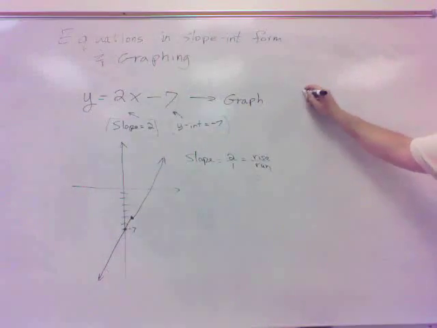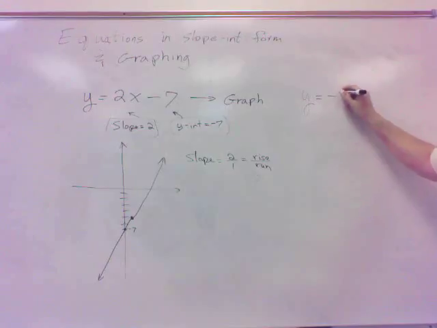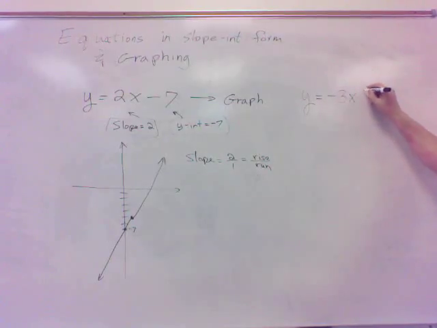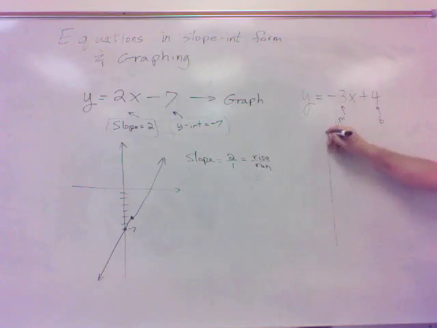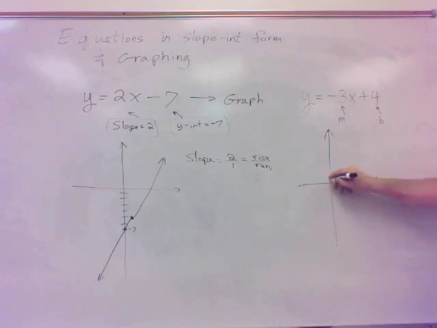If I have, say, y equals negative 3x plus 4, again, the m is -3, the b is 4, and the b is the y-intercept. 1, 2, 3, 4, it's right there.